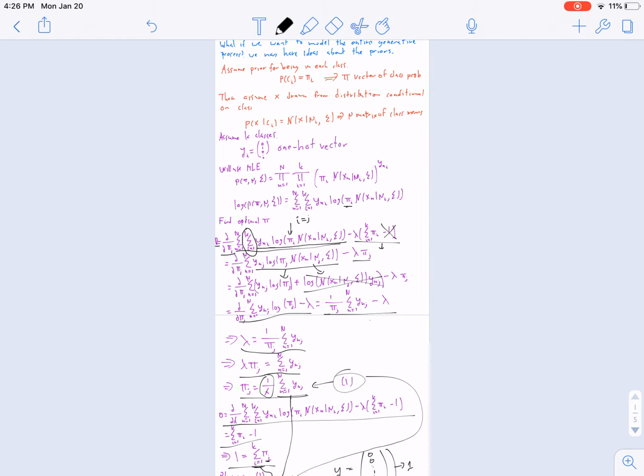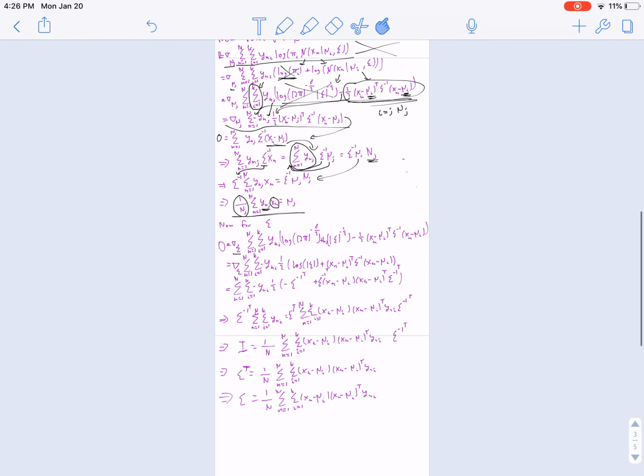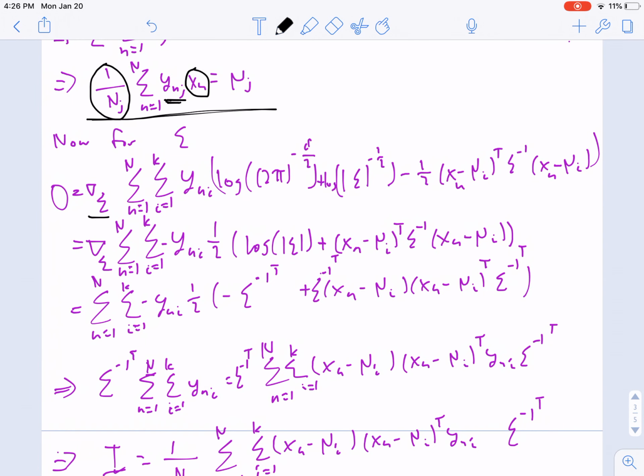Just like in the previous derivation, we just get rid of it. I've skipped that step, and I've only broken up the normal here, but in case that was confusing, I've broken up the PDF for the multivariate normal using log rules. Here we see that this term doesn't depend on sigma, so we can get rid of it. That leaves us with these two terms here.